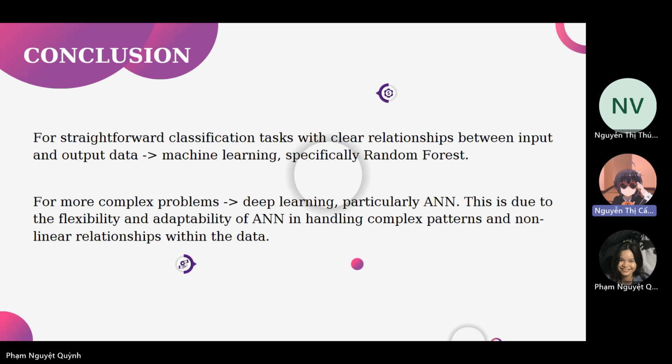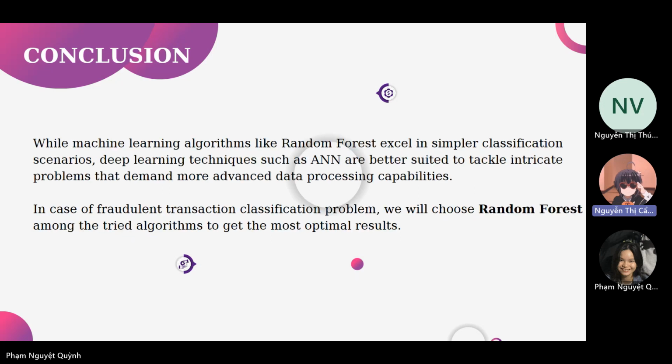This is due to the flexibility and adaptability of ANN in handling complex patterns and non-linear relationships within the data, while machine learning algorithms like random forest excel in similar classification scenarios.